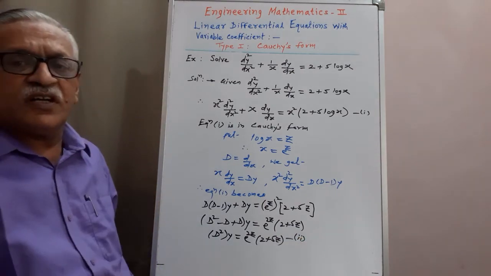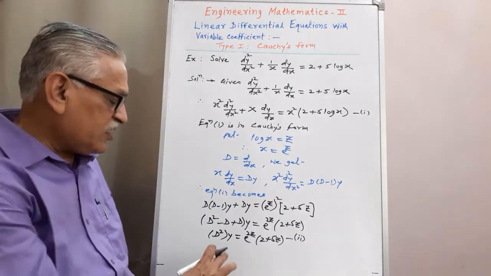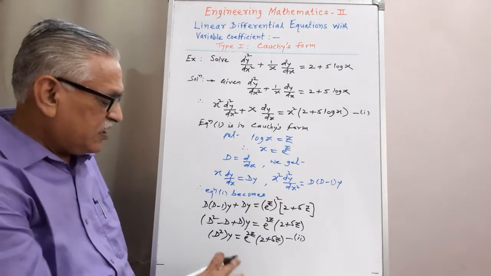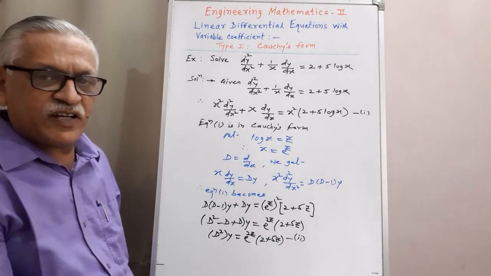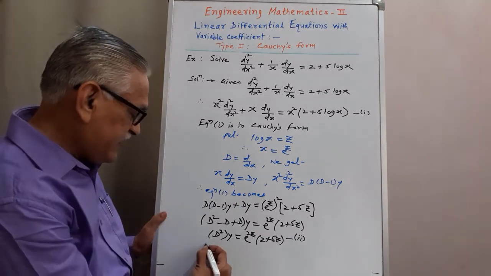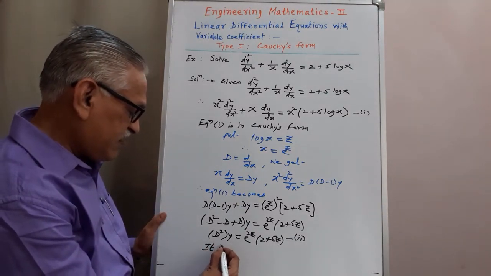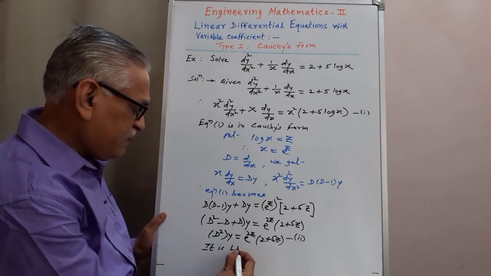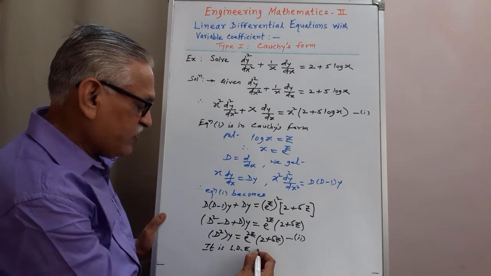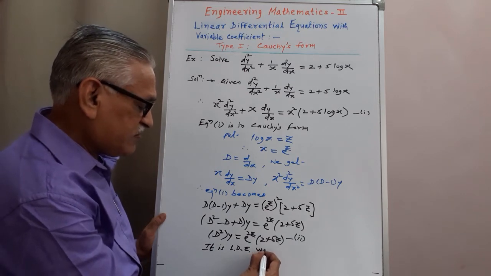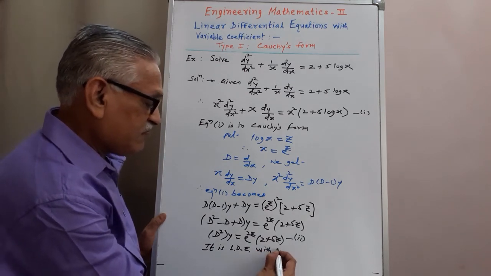This equation 2 is a second order linear differential equation with y as the dependent variable and z as the independent variable. It is an LDE, a linear differential equation with constant coefficients.